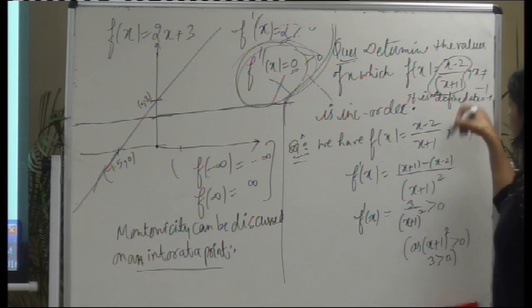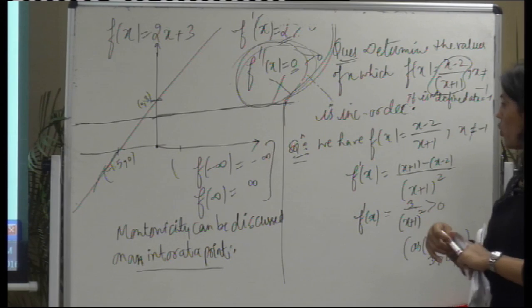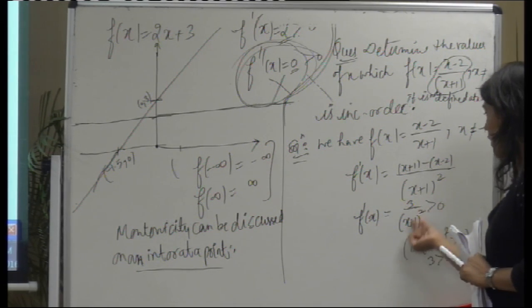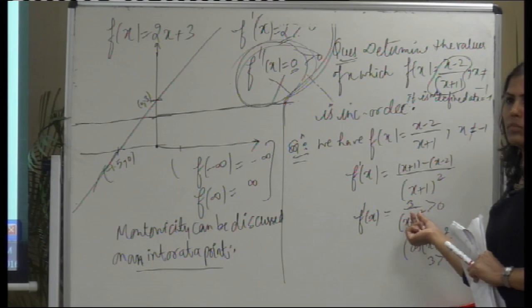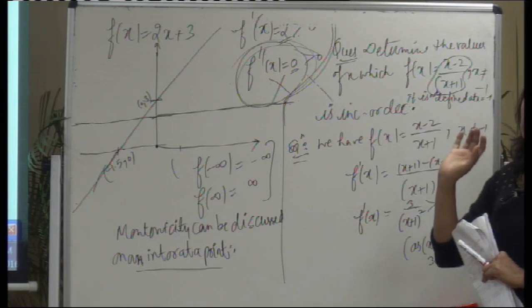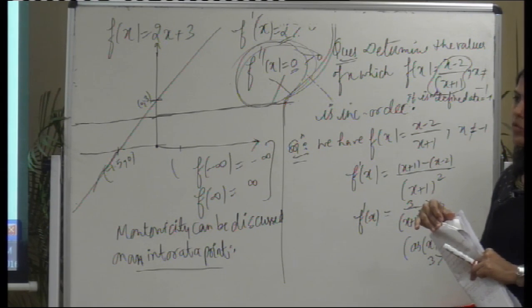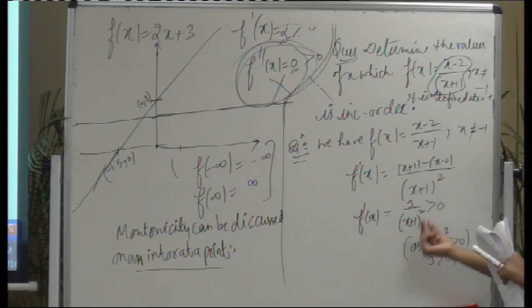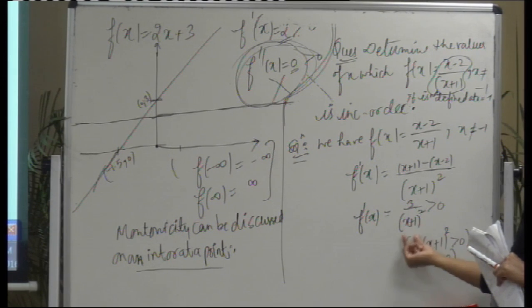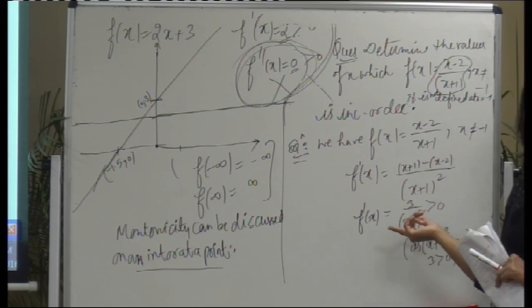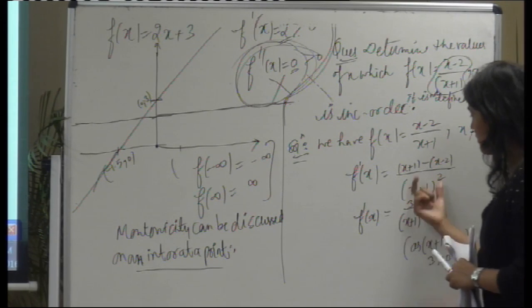So whenever you do such questions, the first thing to keep in your mind is to try to make squares in your question, because it will make your question simple. Calculation and thinking will be simple. Like this is a square, this is a square. So this is always positive, and 3 is positive.